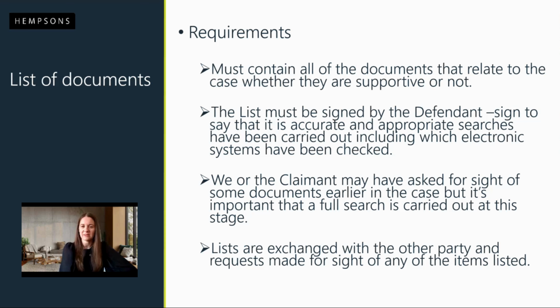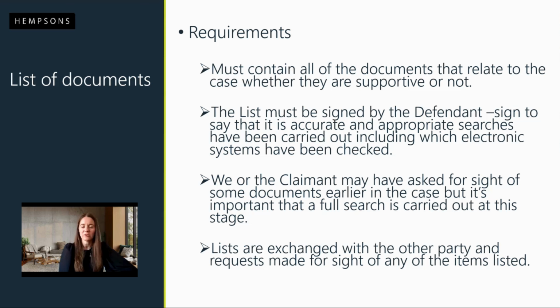Once the list has been completed and signed, that's then exchanged with the other side or the other parties if there's multiple, and requests are made for sight of any items on the list. We then have, as solicitors, either 7 or 14 days, usually, depending on what's been agreed in the directions, to disclose all of those documents.